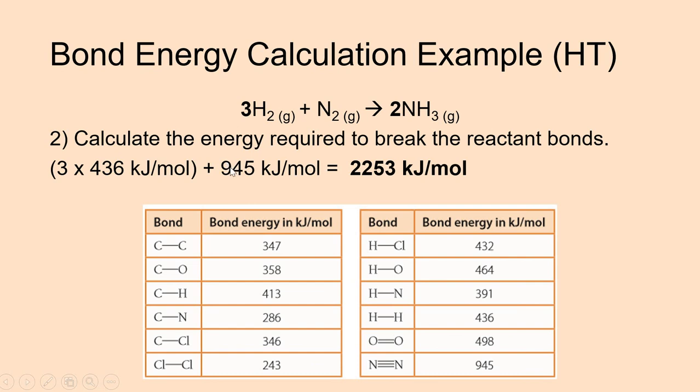We've then added 945 kilojoules a mole, and that's the bond energy associated with a nitrogen bond. So nitrogens are triple bonds and are very, very strong, and we can see that in this table here. So once you've done this calculation, you should have 2,253 kilojoules per mole.